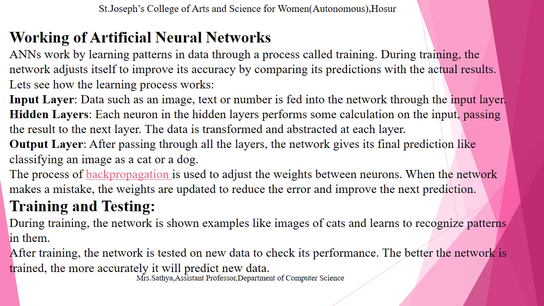The next one is how artificial neural networks work. We already discussed the layers, no? Artificial neural networks work by learning patterns in data through a process called training. During training, the network adjusts itself to improve its accuracy by comparing its predictions with the actual results.